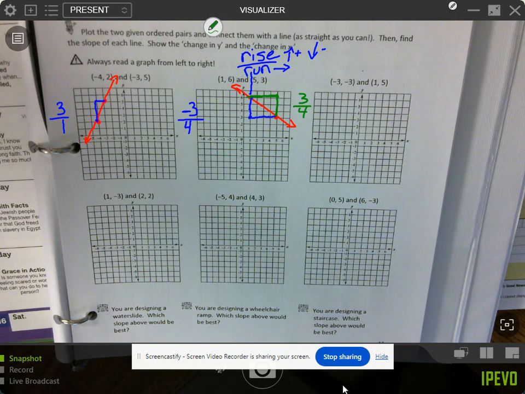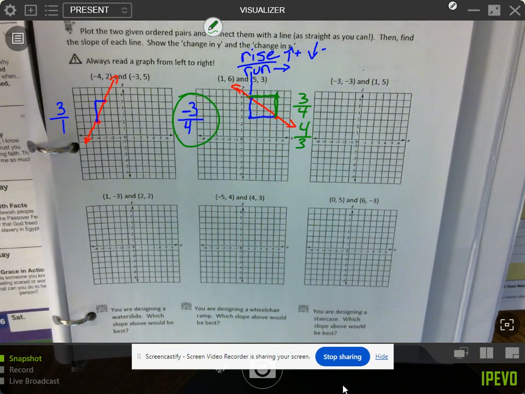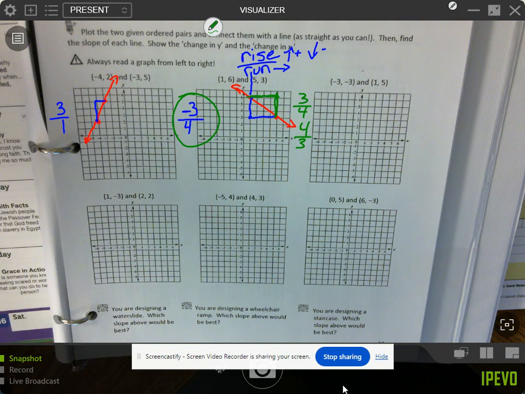If I go like this, I'm going to put my run on top and my rise on the bottom, and I get the wrong answer. So I want us to draw the line, so if you get it wrong, we can see where you're going wrong. If you went backwards and got a positive instead of a negative, or counted your run first and then your rise, we'll see that by you drawing the line. That's why I want us to draw that line, so we can check and find any mistakes that we're making.